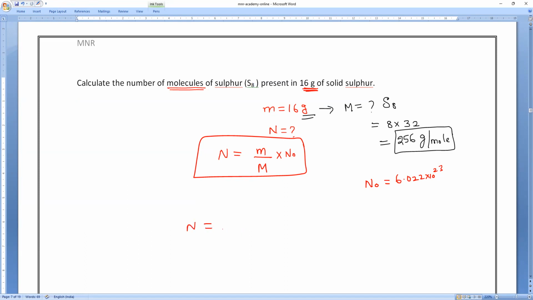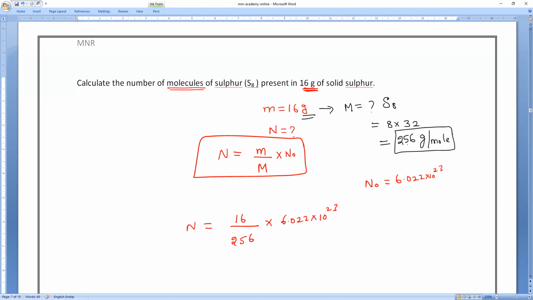So the number of sulfur molecules is equal to given mass 16, divided by molar mass 256, into Avogadro number, 6.022 into 10 power 23. Try to solve. Anybody having any doubt, you can ask me. You may think multiplication and division are very tough, but it is very simple.